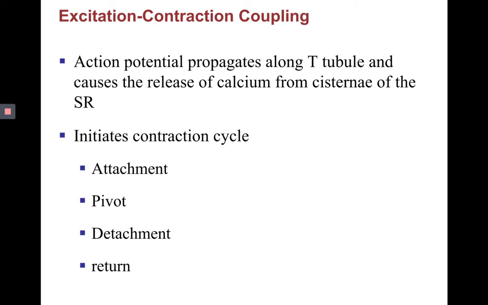And when the T-tubule brings its action potential that it got from the sarcolemma, that causes the sarcoplasmic reticulum to release calcium. And the release of calcium is the final go signal for contraction because it initiates the contraction cycle called the cross-bridge cycle, which includes attachment, pivot, detachment, and return of the myosin and actin heads as they move and overlap more, causing a sarcomere to shorten, which eventually leads to cell shortening.